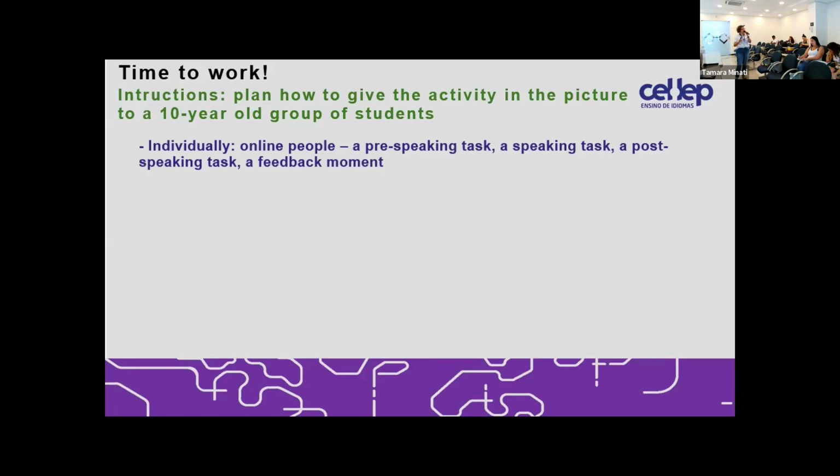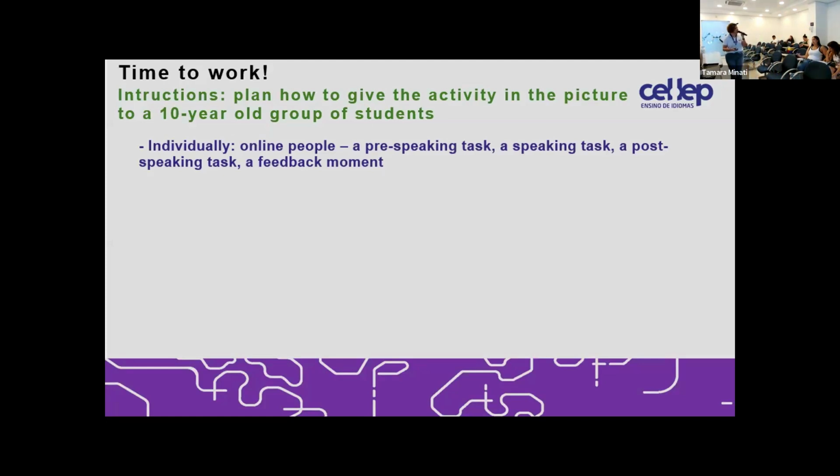Then the speaking task itself. Then a post-speaking task. What can we do in a post-speaking task? Any ideas? A writing task, Paulo said. It could be anything else.